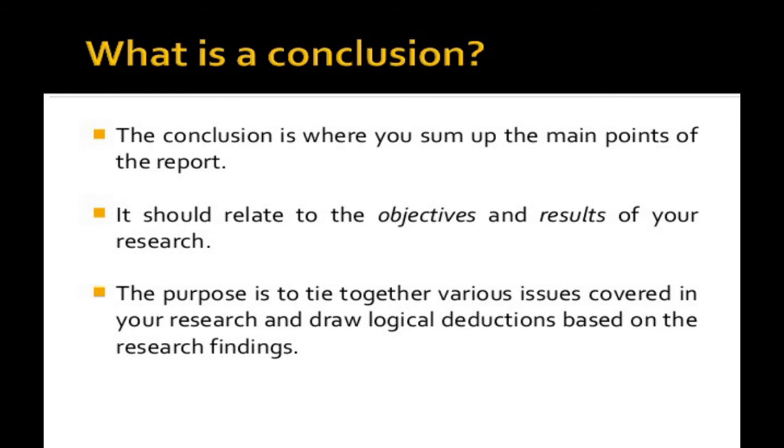The conclusion is where you sum up the main points of the report. It is related to the objectives and the results of your research. You evaluate your hypothesis. The purpose here is to tie together various issues covered in your research and draw logical deductions based on the research findings.